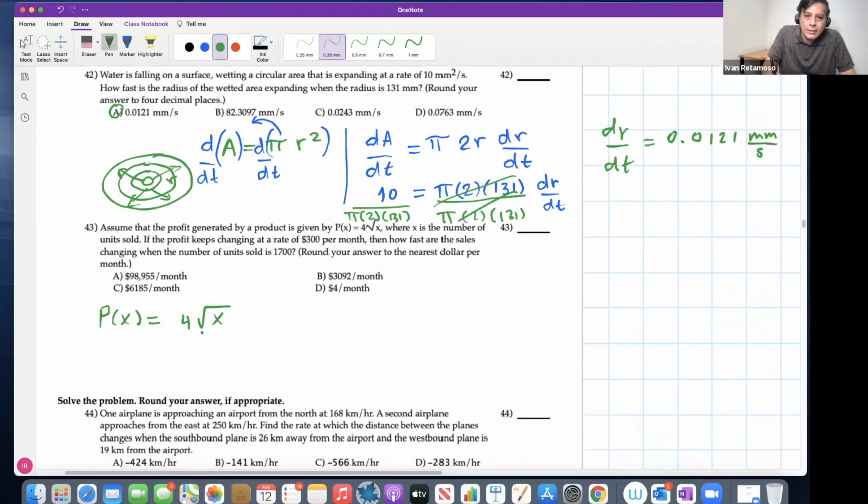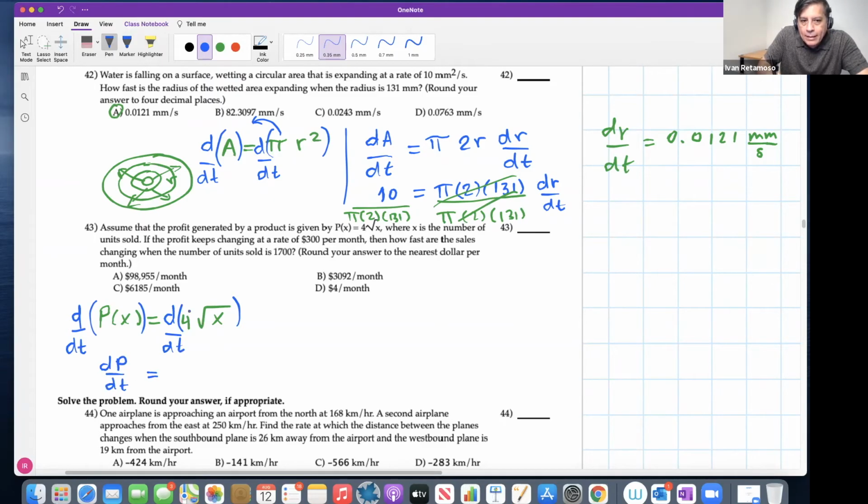Profit equals 4 times the square root of x, where x is the number of units sold. So we take derivatives on both sides with respect to time. Here I will get the derivative of the profit, big P, with respect to time.